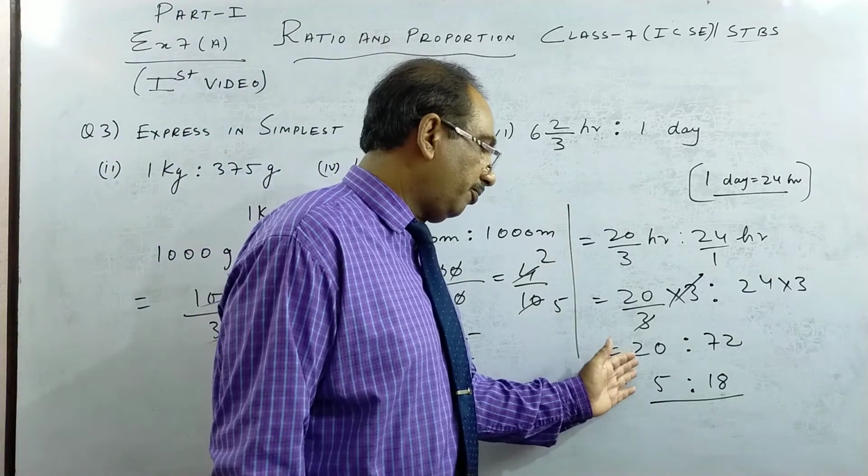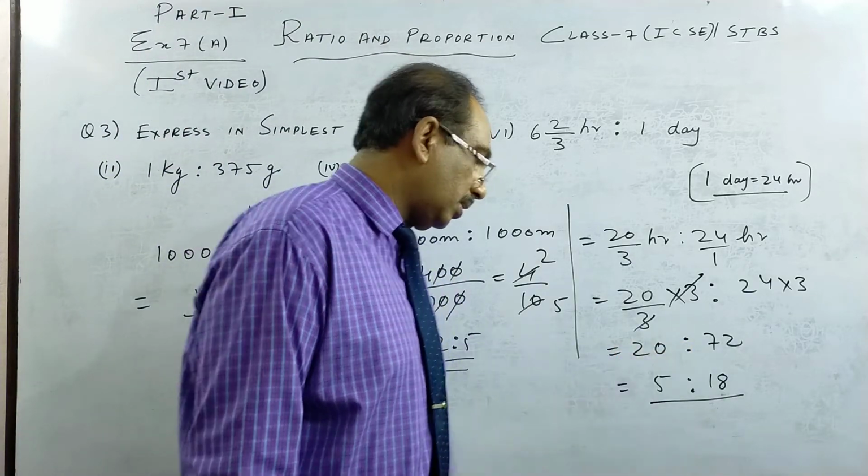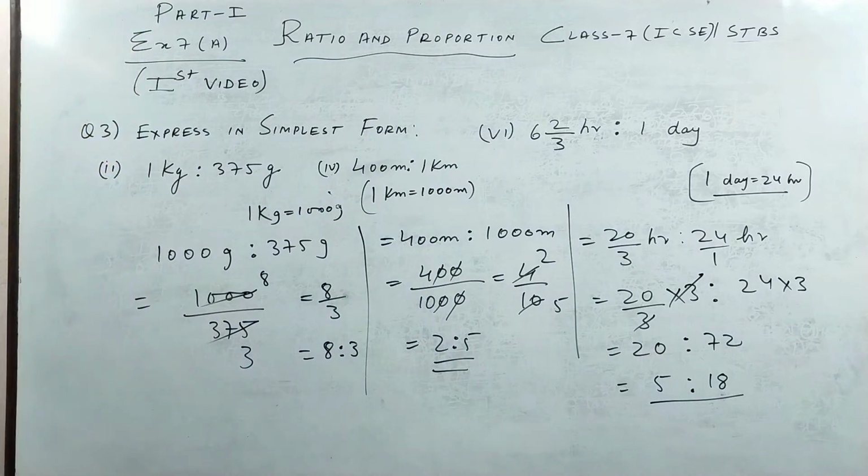So we again cancel these two terms by 4 and we get your answer as 5 is to 18. So kindly pause the video and copy, then I move on to the last question of this session, that is question number 4.